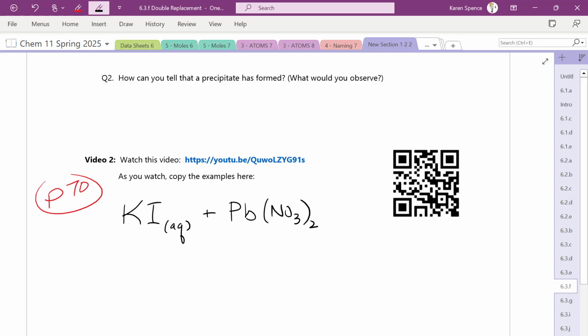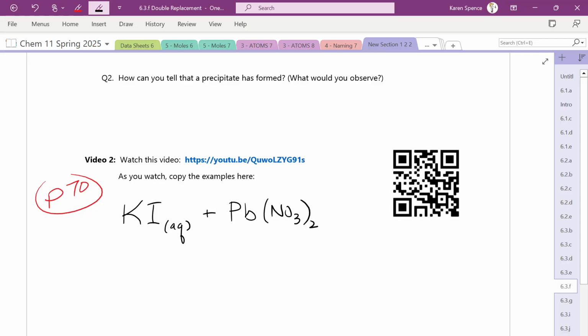So here's our lead nitrate. What state is the lead nitrate? Is it a solid? No. Is it a gas? Brooklyn, is it a gas? No. Am I being weird? Yes, I know. Is it liquid? No. If it was liquid, I would have had to have melted the salt.